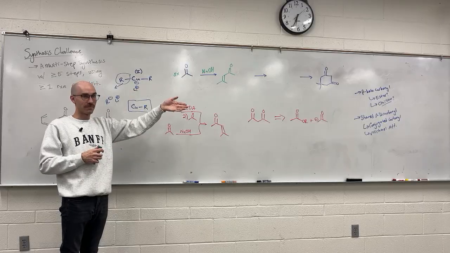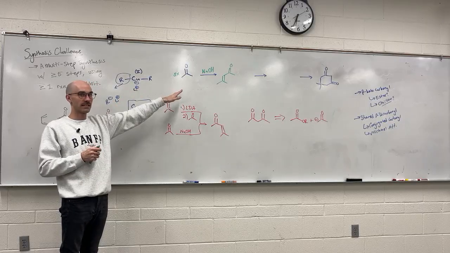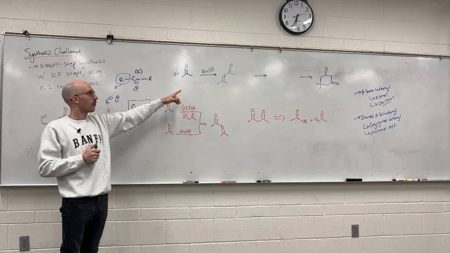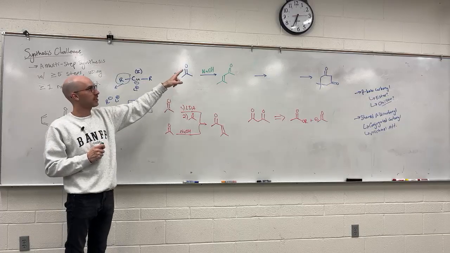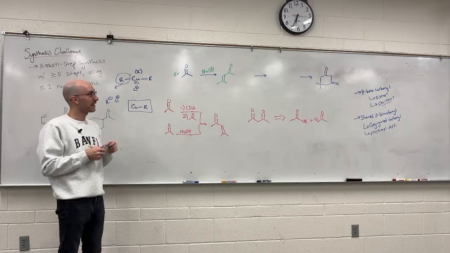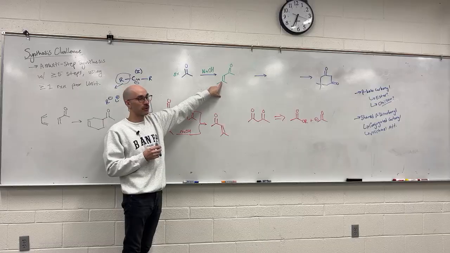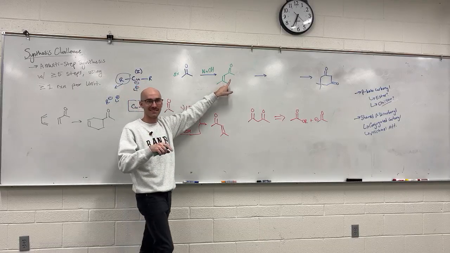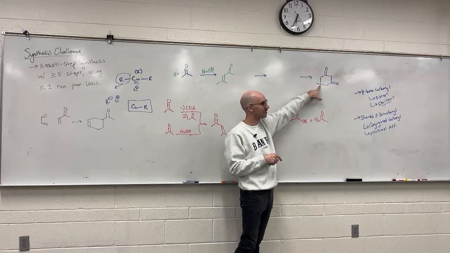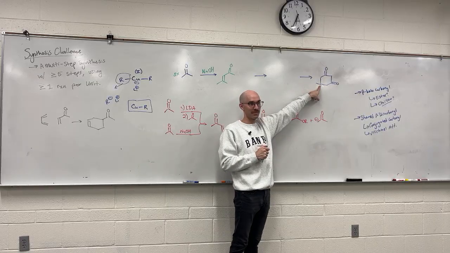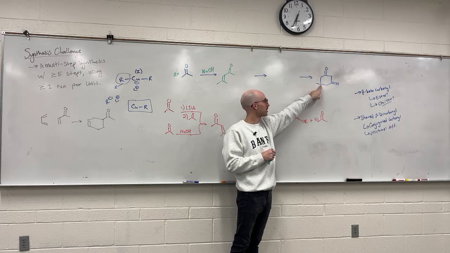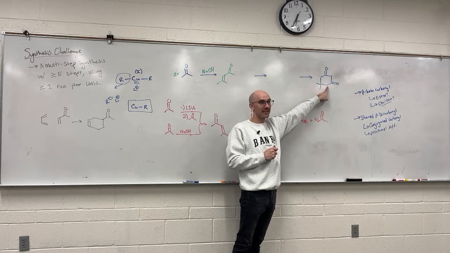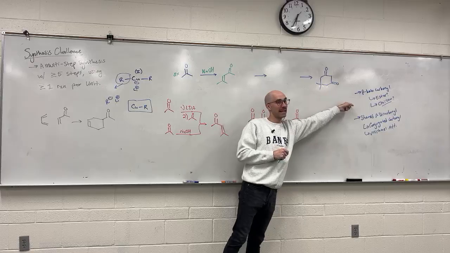Aldol condensation. Does this help you figure out some of the positioning into your final product? I think it should. Two methyl groups at a beta position. So somehow or another, this beta position will need to be attacked by this alpha position, Michael addition.